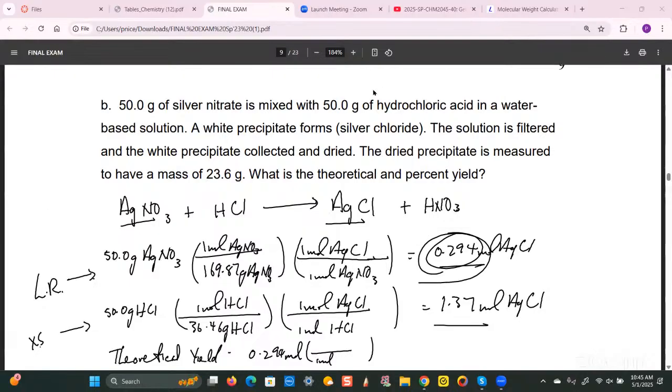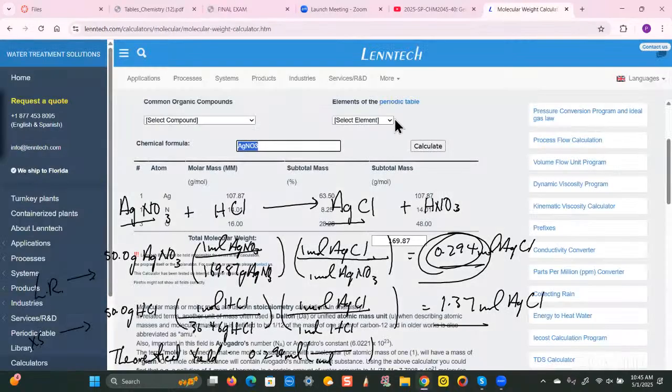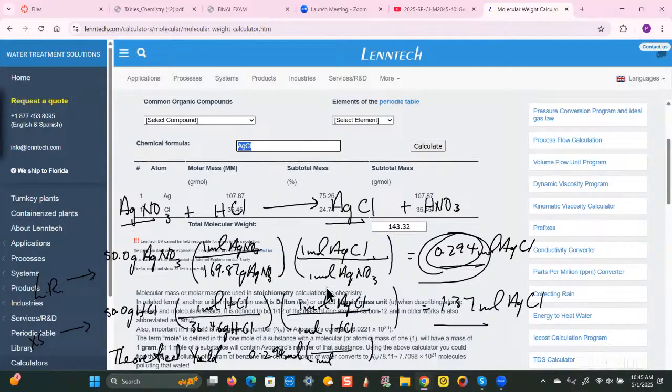So in the case of silver chloride, the molar mass is 143.32. Okay.